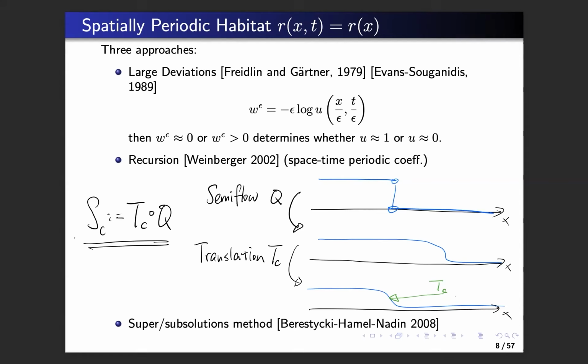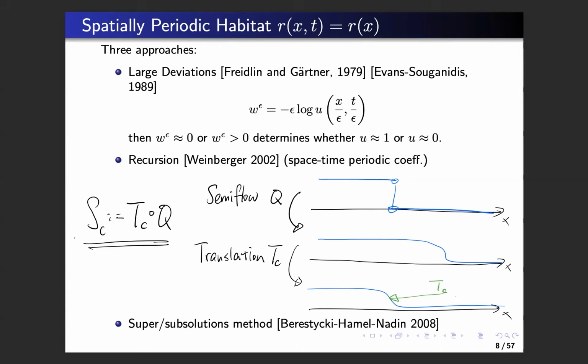Okay. The second approach is the recursion due to Weinberger. The idea is to turn this into a discrete problem. You first start with a Heaviside-like initial data, representative of the compactly supported initial data from the right, and then you take the semi-flow.